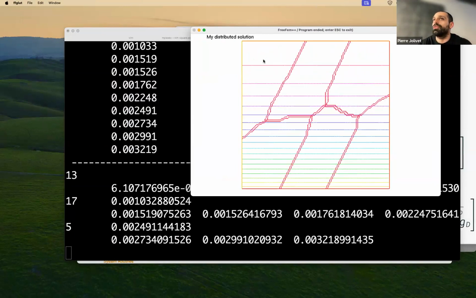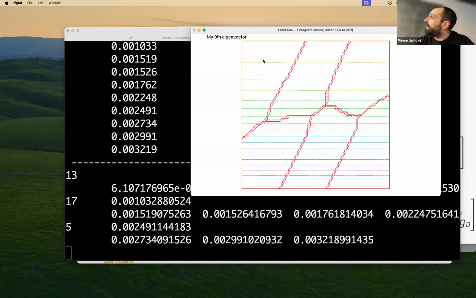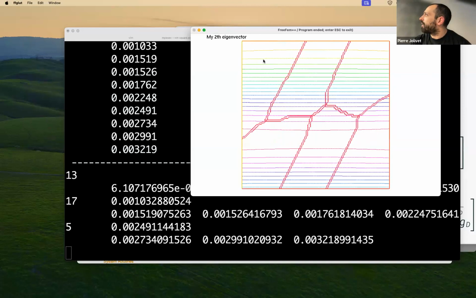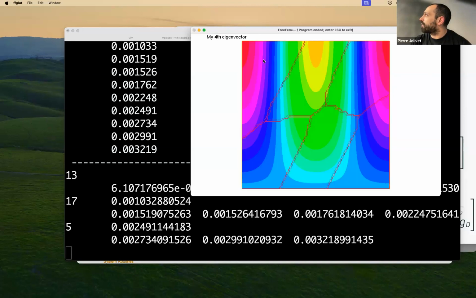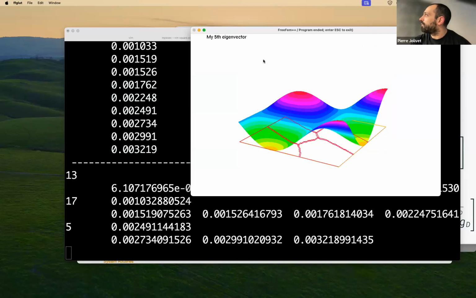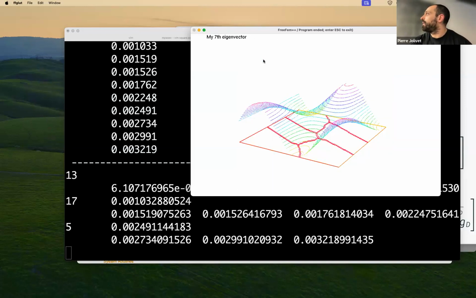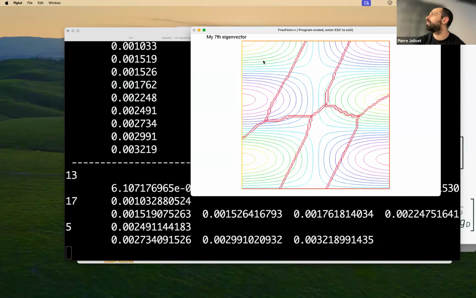So this was the solution of the linear system. So this is the first eigenvector, second eigenvector, third eigenvector, so on and so forth. Everything computed in parallel. And so currently we can see that the solution and the eigenvectors are still kept distributed, okay?